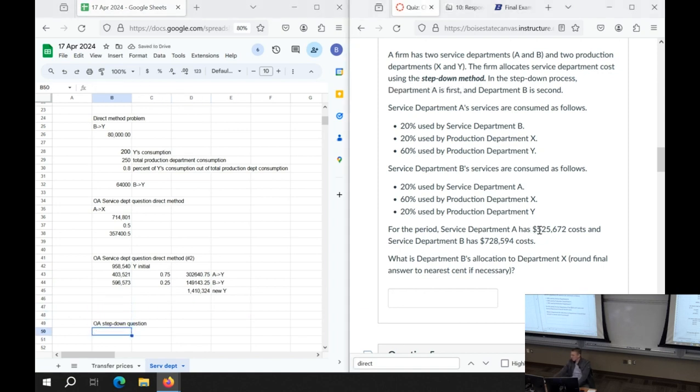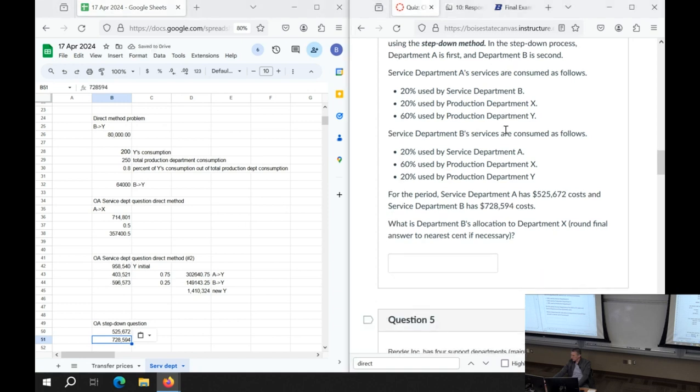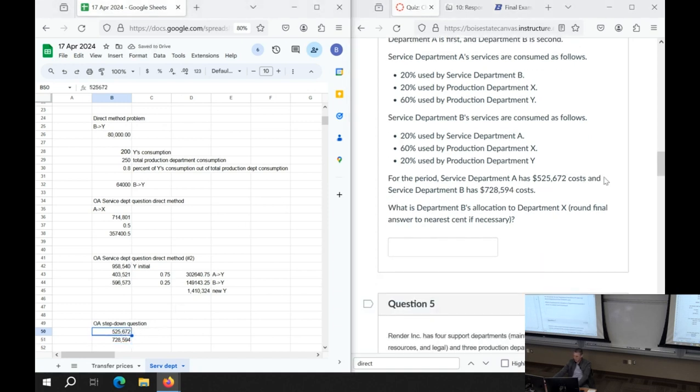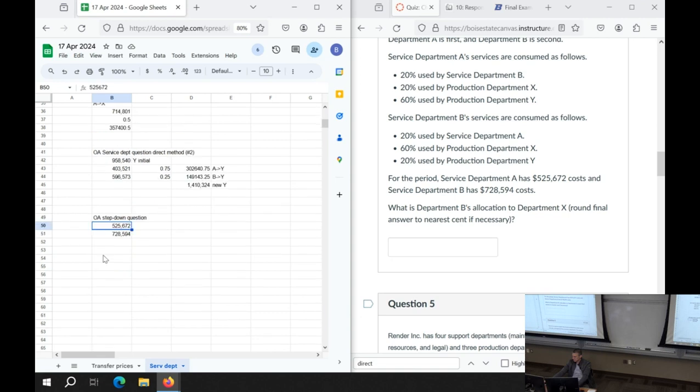All right, let's copy over our costs, save ourselves a little bit of time with that. And also, we'll copy over, just to be consistent, I know I'm going to need to know A's allocation to B. I'm going to need then to be able to figure out B's allocation to X. That's what I need.